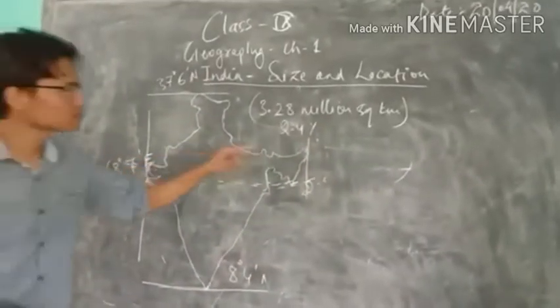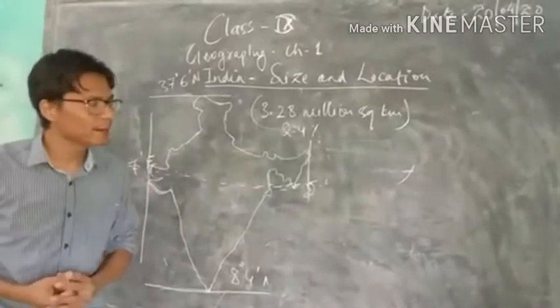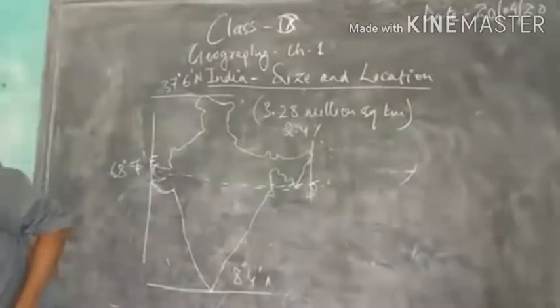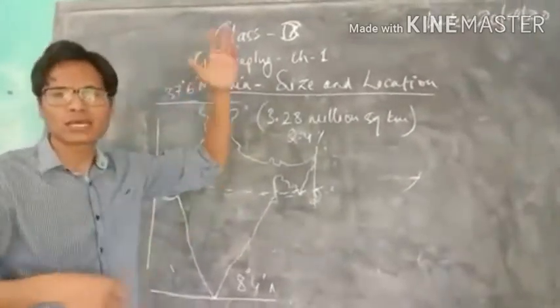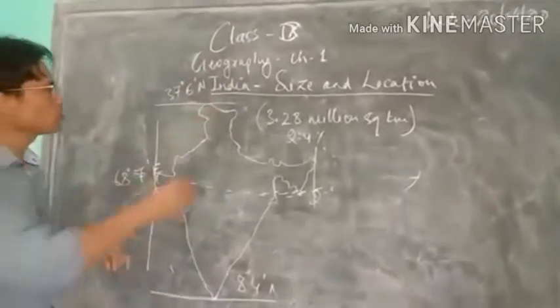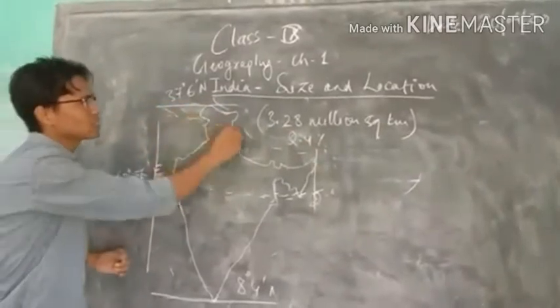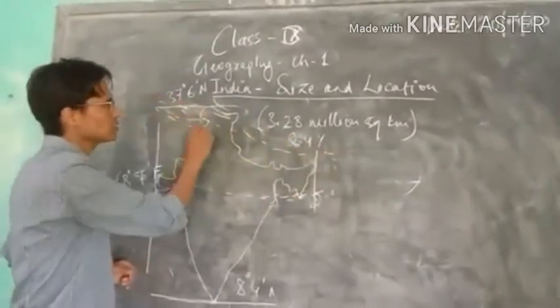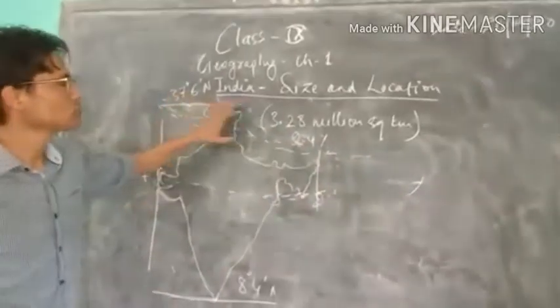Now when we talk about India's size, let's talk about what is there on the north, south, east and west of India. On the north, the northeast and even the northwest, these are Himalayan regions, the Himalayan young fold mountains. So we have a mountainous region.